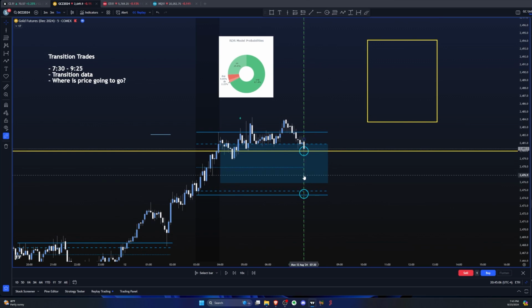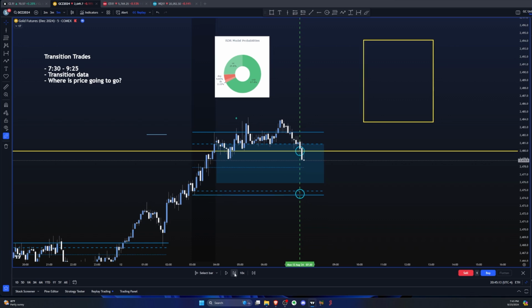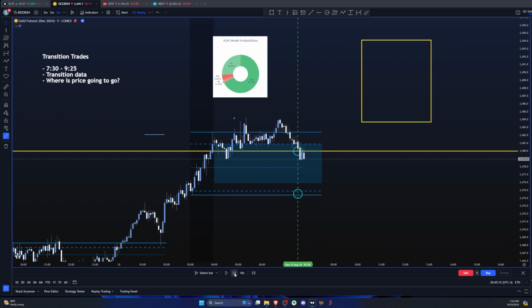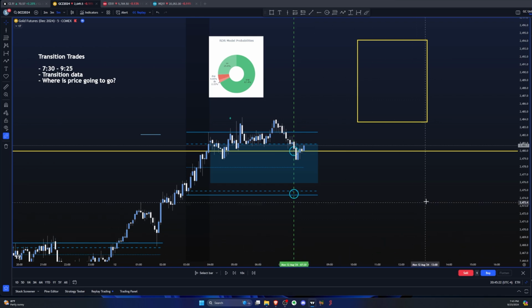So this is 7:30, so right on the dot. And we come down here, that's our first move after 7:30, and then we start to turn up. Now, as I look at the 2-minute chart, if I remember correctly, I think I had an entry, let me just check my chart.